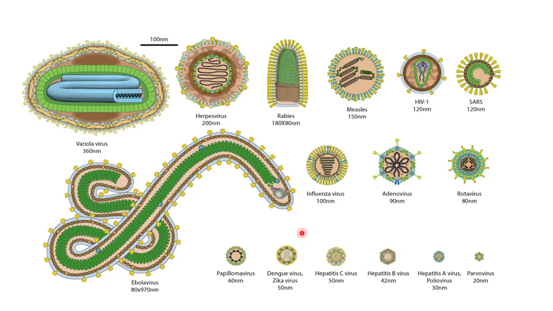I gave you different examples of viruses, and I told you that these are very small in size. The influenza virus is only 100 nanometers, and the hepatitis C virus only 50 nanometers.